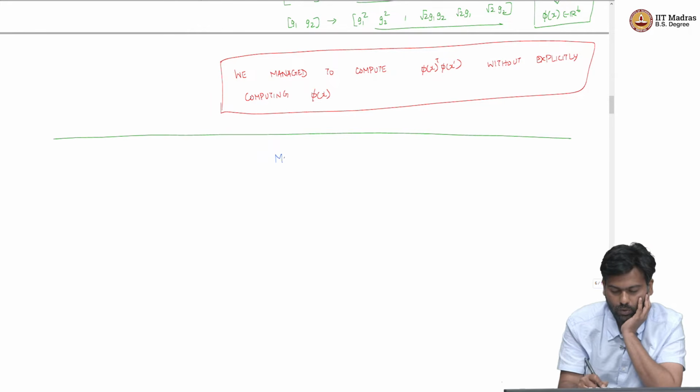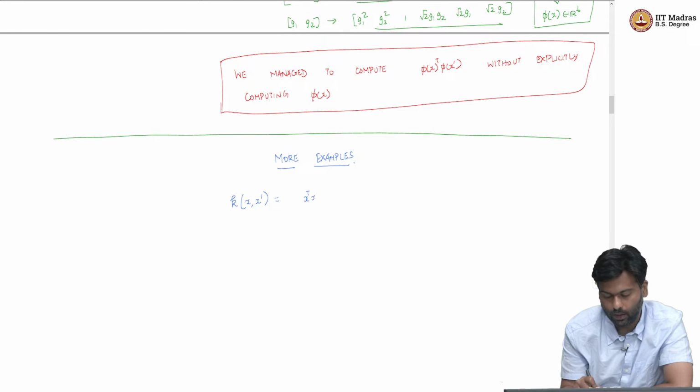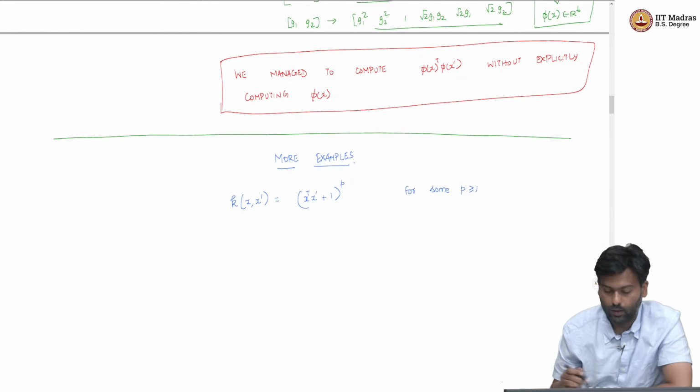And we look at some more examples now. Here is another example. Let us say we have some function k which takes x and x prime, and calculates the following: x transpose x prime plus 1 to the power p, for some p greater than or equal to 1.